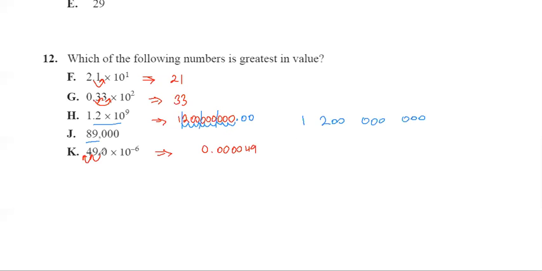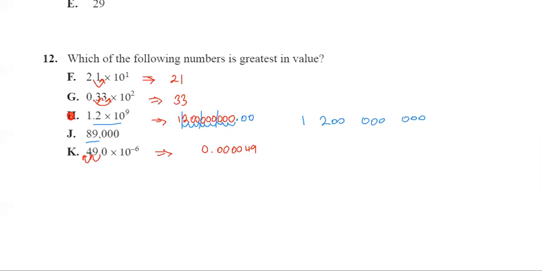So the point was right here, after 9, so I just move 1, 2, 3, 4, 5, 6 units. So we already have 2 digits right here. So that's why I just add another 4 zeros. So I will have this number for this K, which is the smallest number of those given. So that is going to be the largest number.